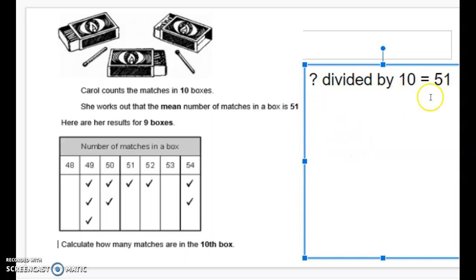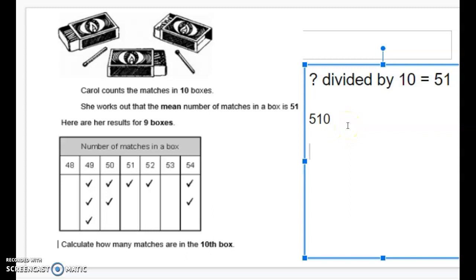I'm going to use my inverse and reverse it. So 51 times 10 means that the answer is 510. So I know altogether there are 510 matches.